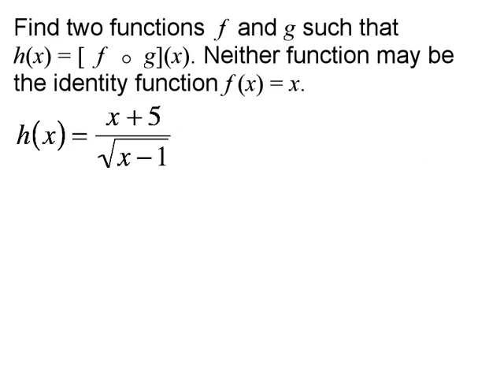Okay, here we go. We have x plus 5 over root x minus 1. I know this one's kind of tough. These are kind of tough to see. We're going to try them though. So I've got f of x and g of x. And there's actually multiple answers on this.